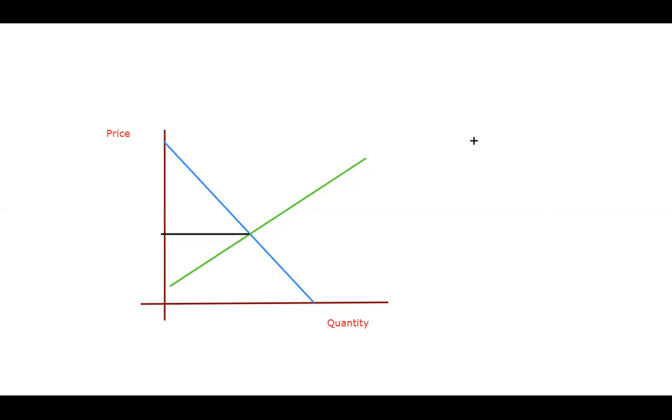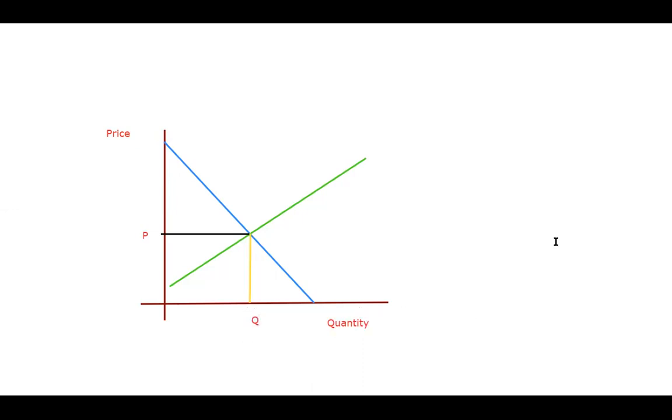Quantity is in here, that's your quantity. So this is your price, P, and this is your quantity, Q.